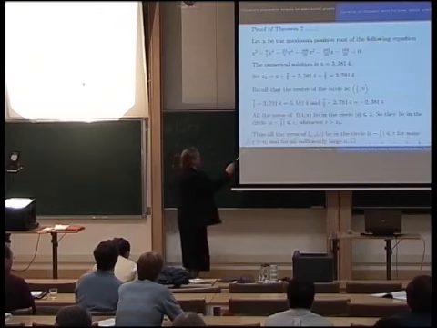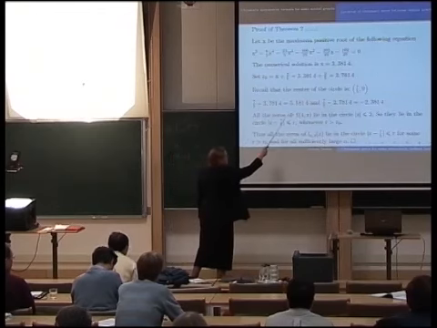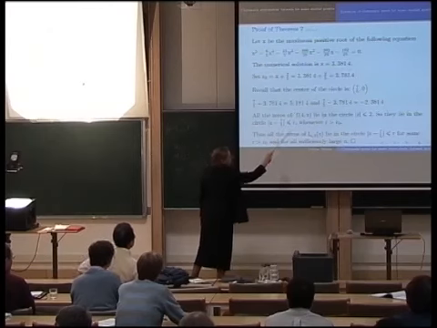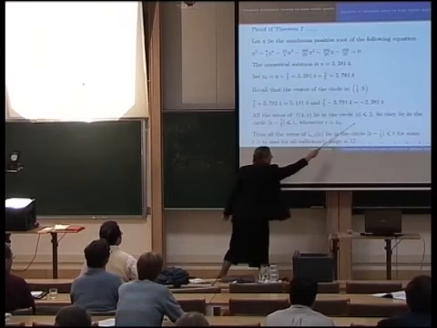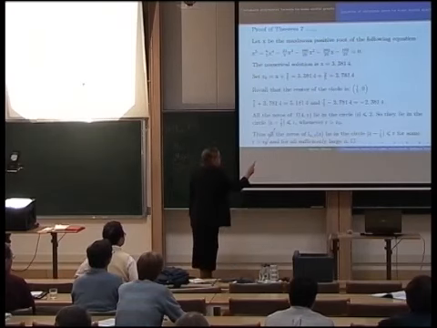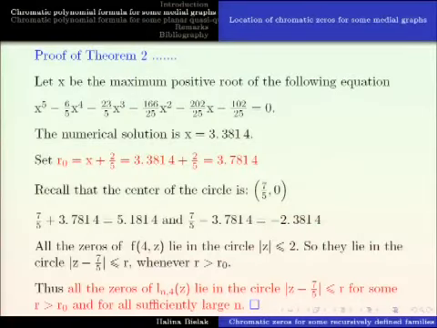So we observe that all zeros of the function f for z lie in the following disk. So all zeros of the function lie also in this disk, where R is greater than R0.